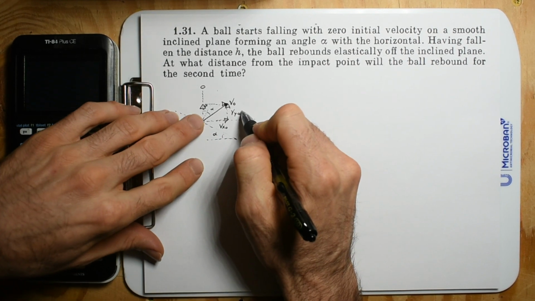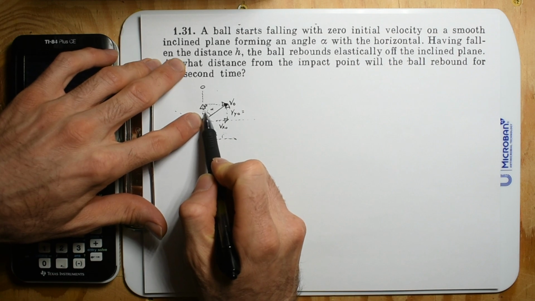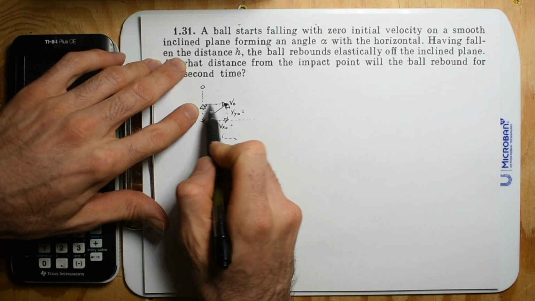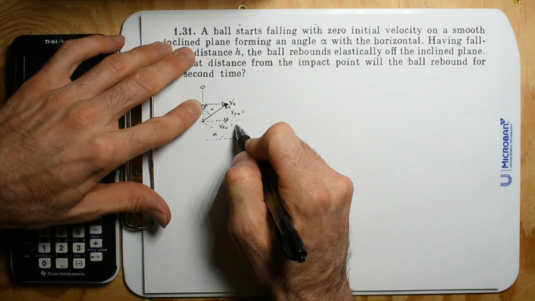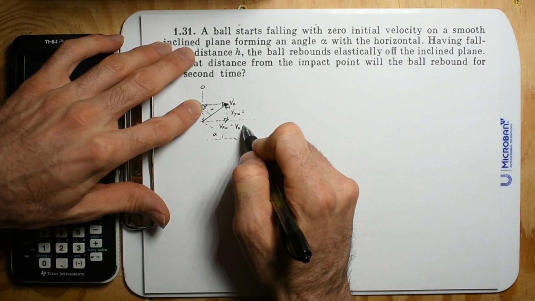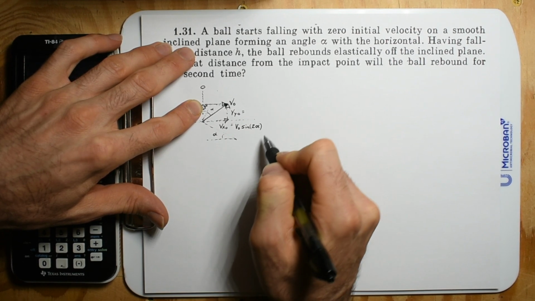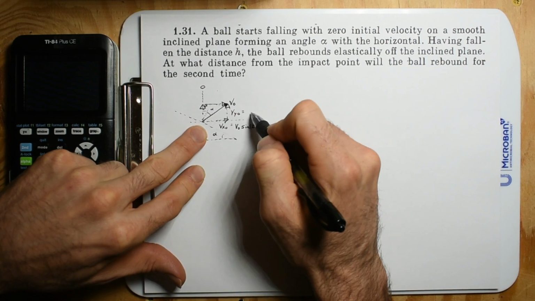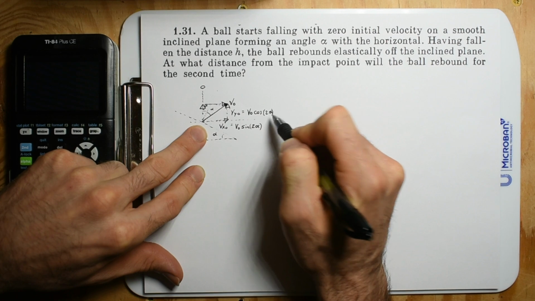If my angle is 2 alpha, the sun is shining on the sine, so this is my sine component, and that's in the horizontal direction. So it's V naught sine of 2 alpha. And in the y, it's the cosine component, so V naught cosine 2 alpha.